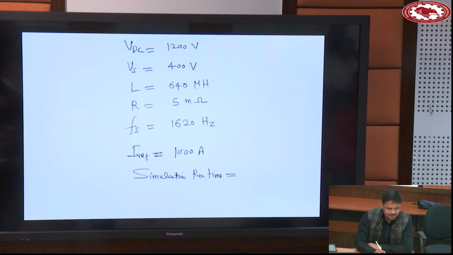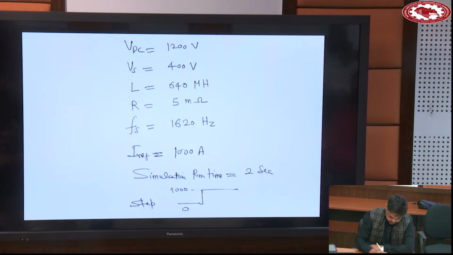I will give you everything here so that you will not ask me that this parameter is not given. Simulation runtime, make it run for 2 seconds and provide a step change of reference. Here the reference is 0 and here 1000. This is IREF.